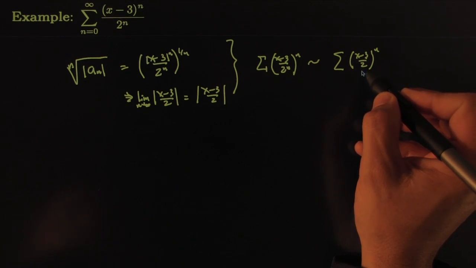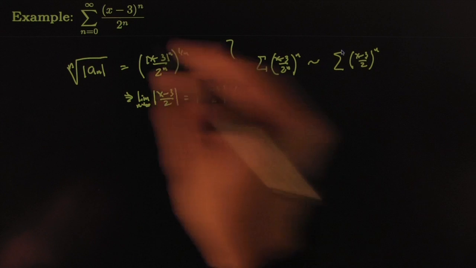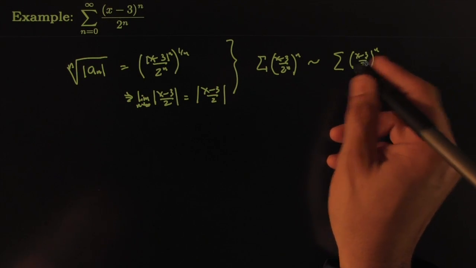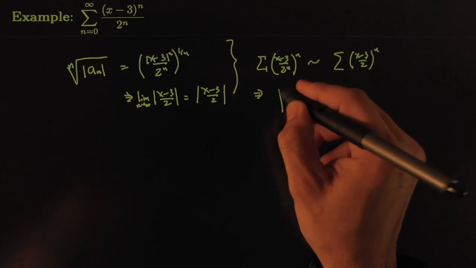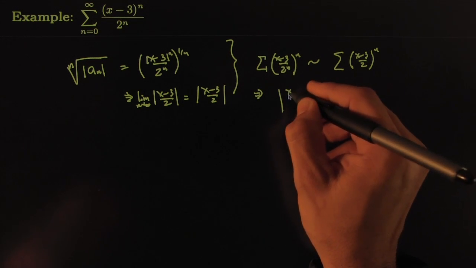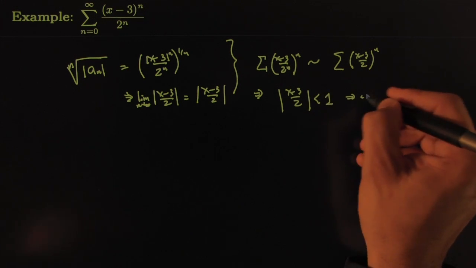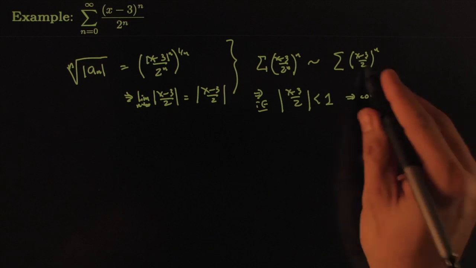Well, that's kind of silly. You could have just looked at it and done that. But okay. This tells us it behaves like that, and we can conclude that it will converge if the absolute value of x minus 3 over 2 is less than 1. Then we have convergence.